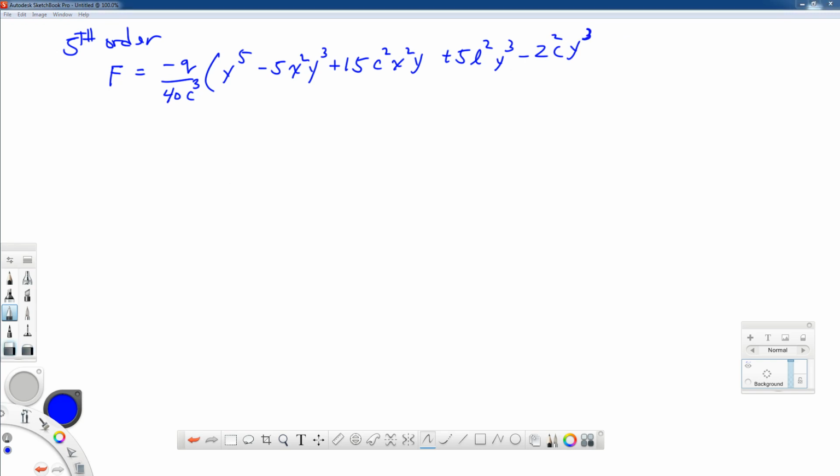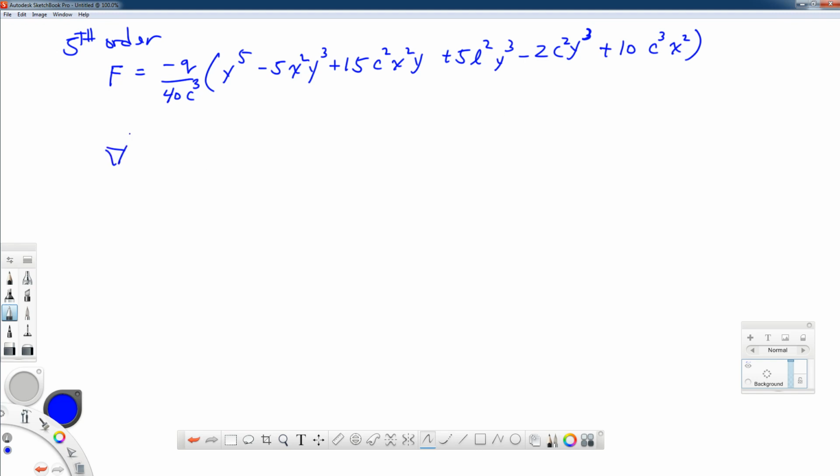It's a c squared and a y cubed, and then a 10c cubed and an x squared.